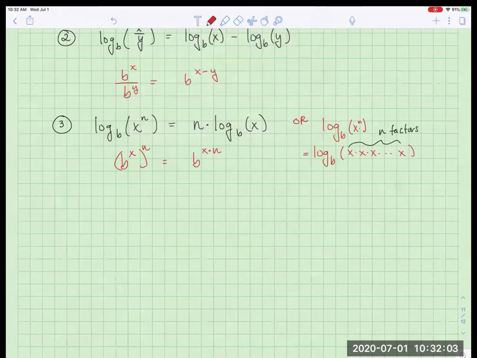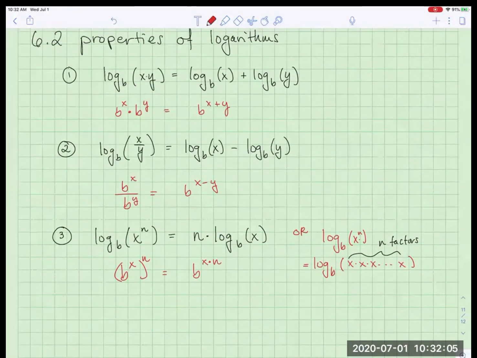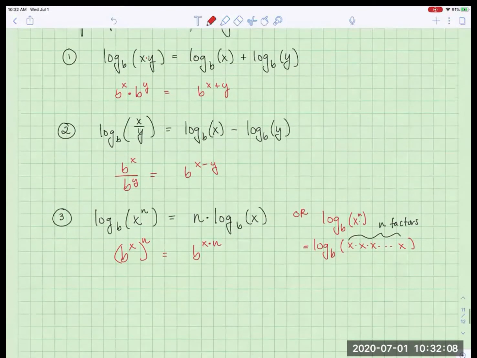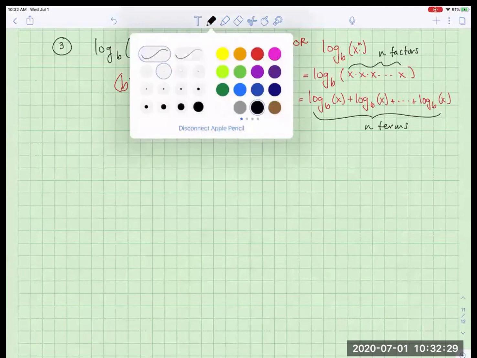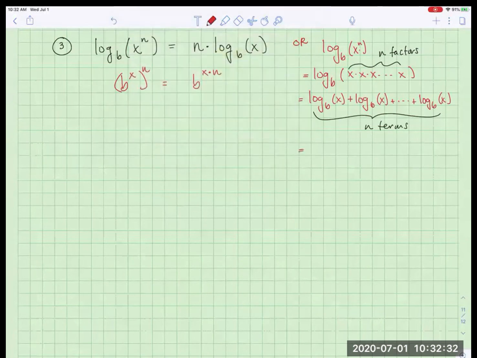And then using rule number 1 up here, which says that when I multiply 2 of these together, I can add the logarithms. This is log base b of x plus log base b of x plus dot dot dot plus log base b of x, where there are now n terms, which means that this is log base b of x, and it occurs n times.